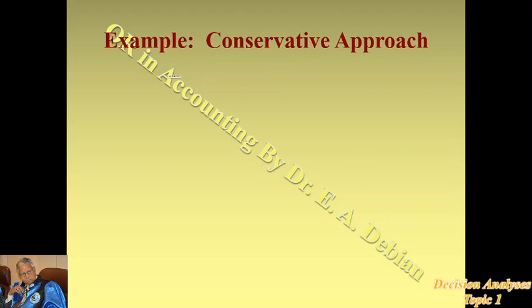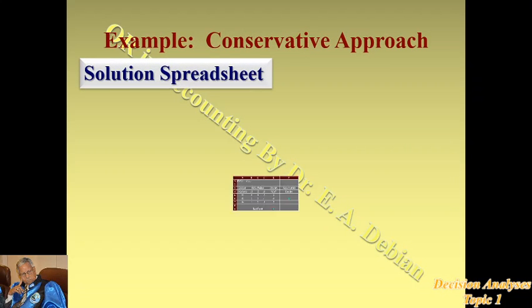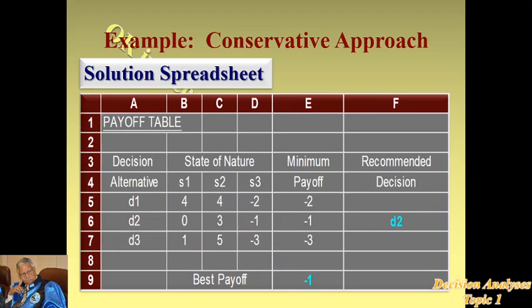The result will be as follows. The maximum of the minimum profit is -1, and decision alternative number 2 will be selected.